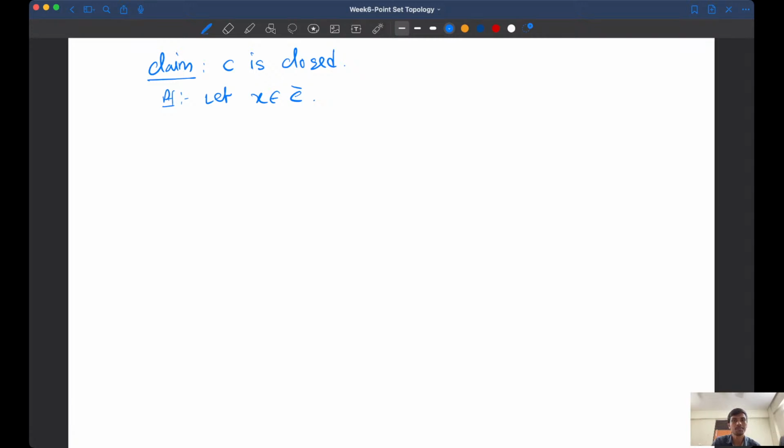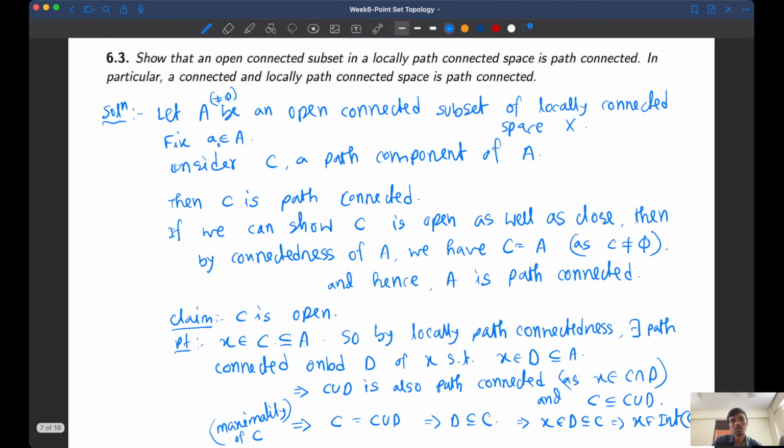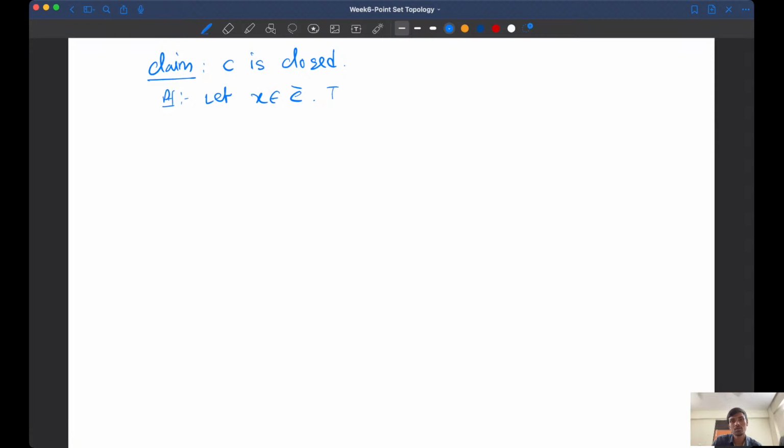So take a neighborhood, let's say U of X, then U intersection C is not equal to phi. Fine, this is by the closure definition.